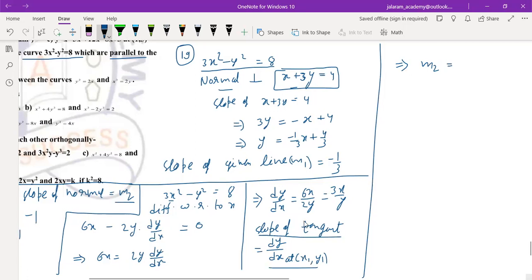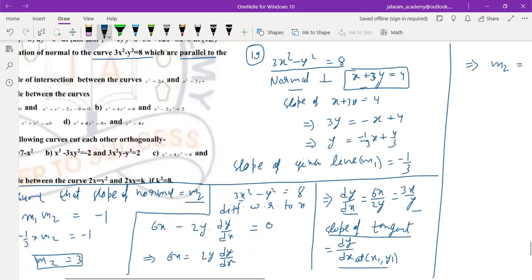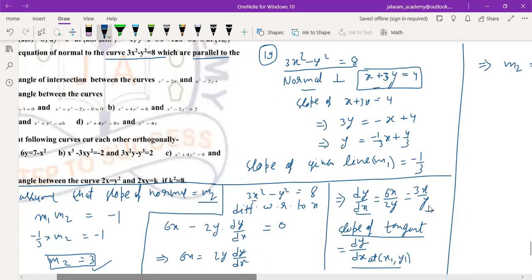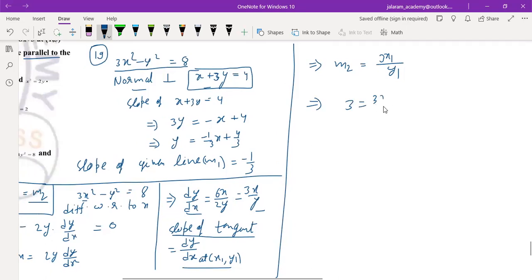And dy by dx at x1 comma y1 is 3x1 upon y1. And one more slope we have calculated as 3. This is also the slope of tangent. So compare them. 3 equals 3x1 by y1. Cross multiplying, y1 equals x1, and 3 is cancelled out. So y1 equals x1. This is equation number 1.